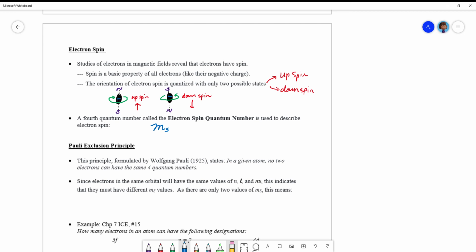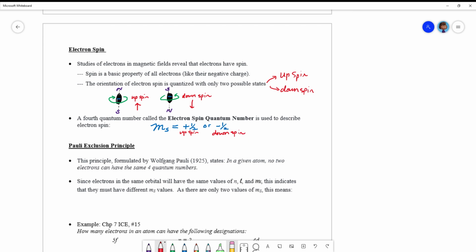Now, since there are only two possible spins, there are only two possible allowed values for m sub s, and that is positive a half or negative a half, where positive a half is typically assigned to an electron with an upspin, and negative a half is assigned to an electron with a downspin.